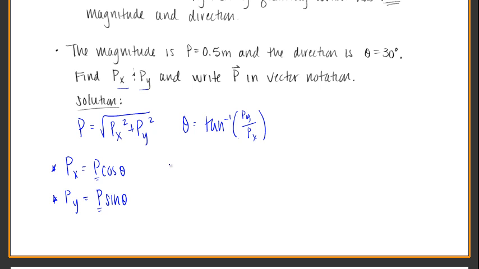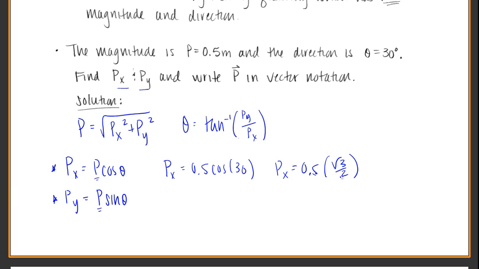Alright, so filling in what we know, we can say the x portion of this vector is made up of 0.5 times the cosine of 30 degrees. The x value at 30 degrees is the square root of 3 over 2.